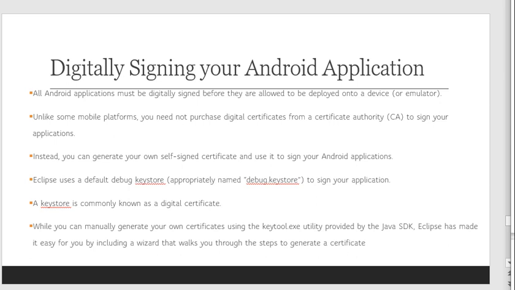Instead, we can generate our own self-signed certificate and use it to sign our Android application. So you don't have to go to some certificate authority.